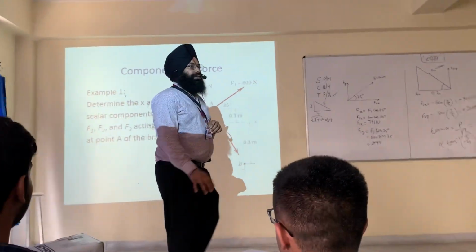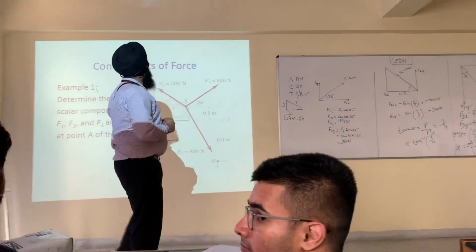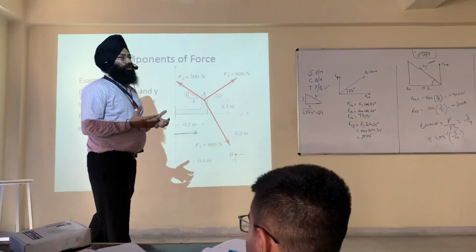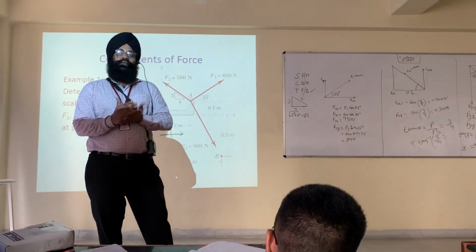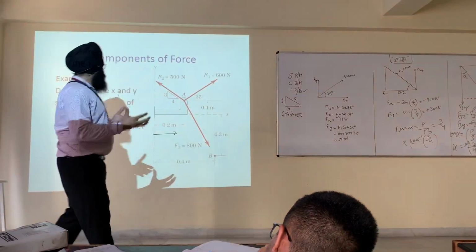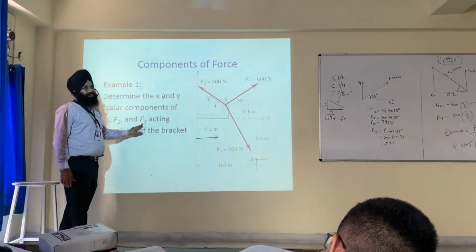Okay, good morning class. Today we are going to cover the topic of components of forces. In this, we have three forces. Out of the three forces, we need to calculate the scalar component for all three forces, F1, F2 and F3.